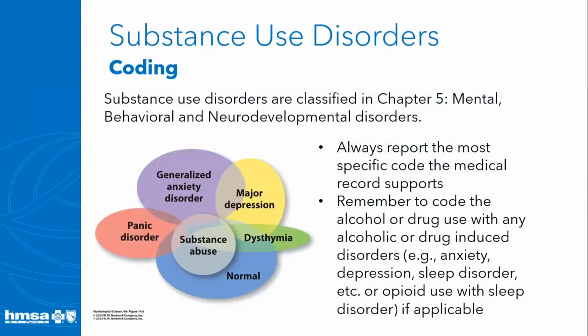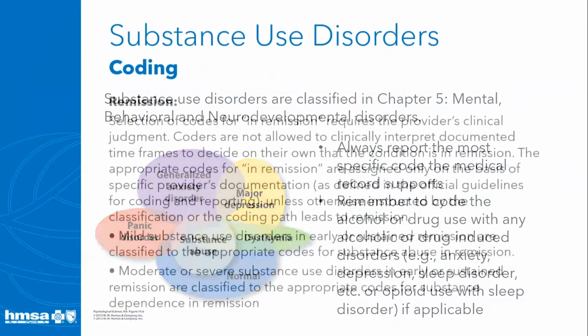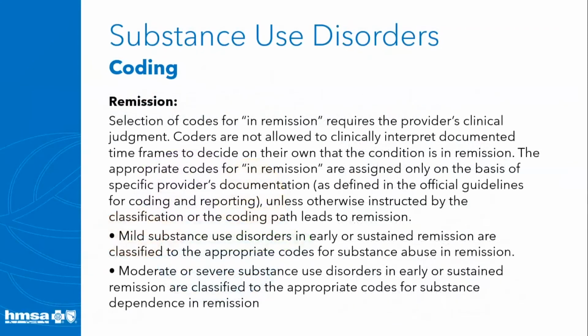Always report the most specific code the medical record supports. Remember to code the alcohol or drug use with any alcoholic or drug-induced disorders, such as anxiety, depression, sleep disorder, or opioid use with sleep disorder, if applicable. Selection of codes for in remission requires the provider's clinical judgment.